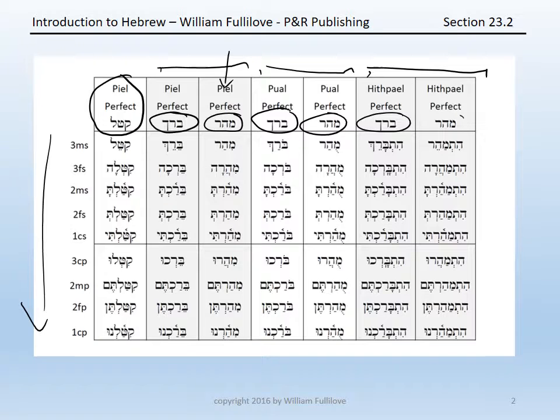And in the Hithpael perfect of Mahar, because the he, which is the second guttural, will not cause compensatory lengthening, instead you have virtual doubling: Hitmaher, Hitmahara, Hitmaharta, Hitmahart, Hitmaharti, Hitmaharu, Hitmahartem, Hitmahartem, Hitmaharnu.